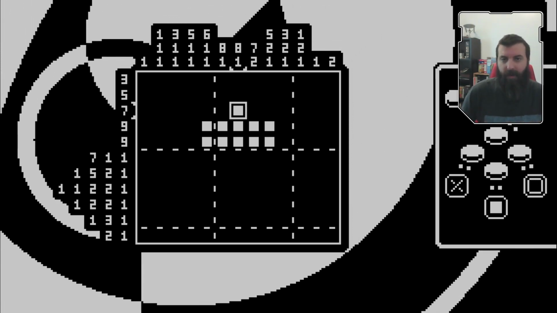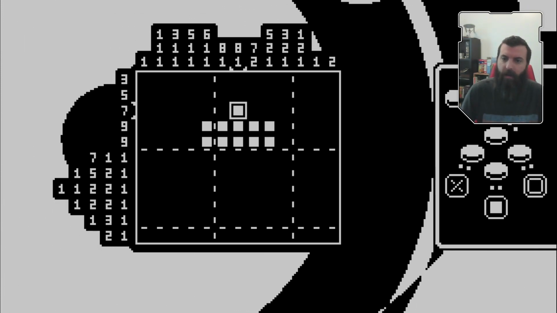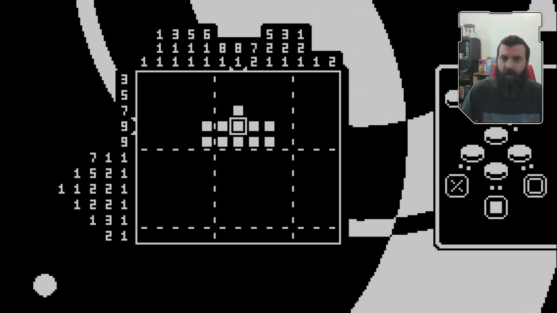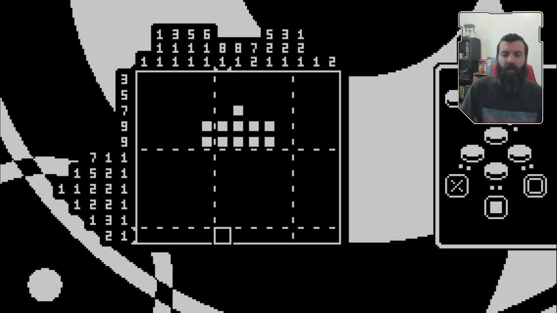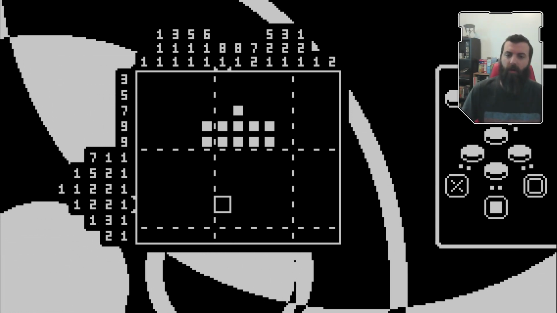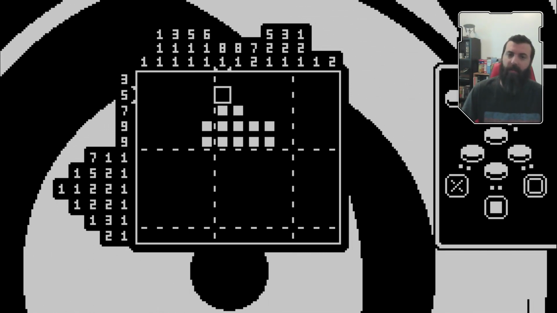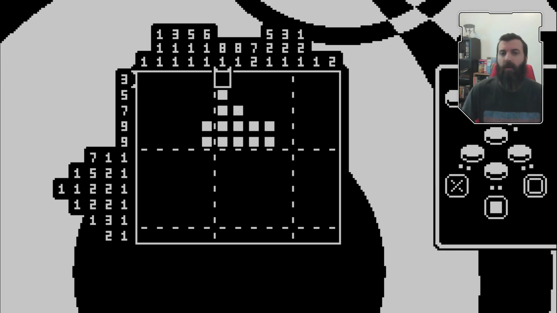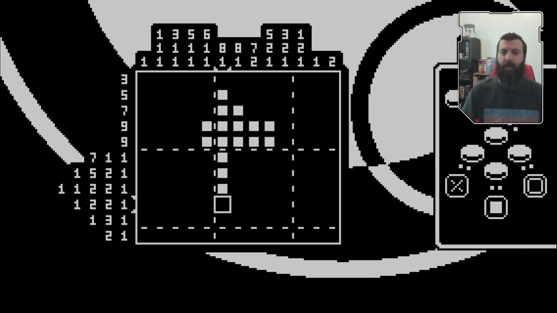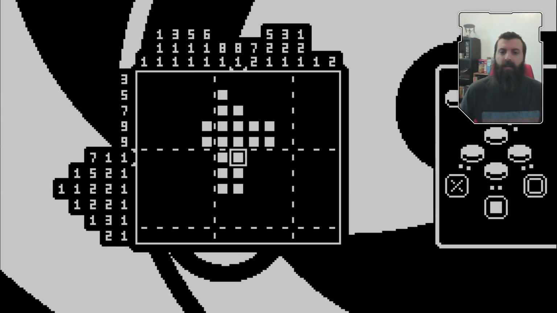Not all we can. Vertically though. At 11 tall. Not a ton of wiggle room. Vertically 1. 4, 5, 7, 8.